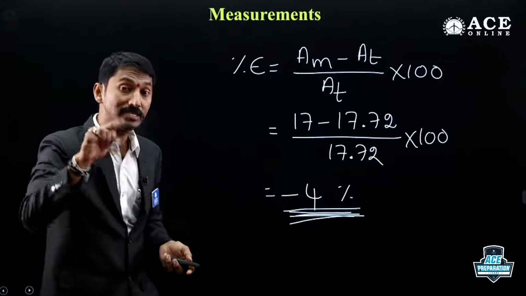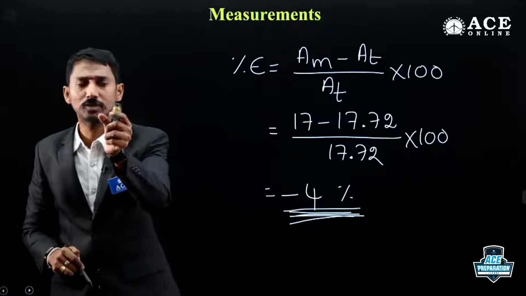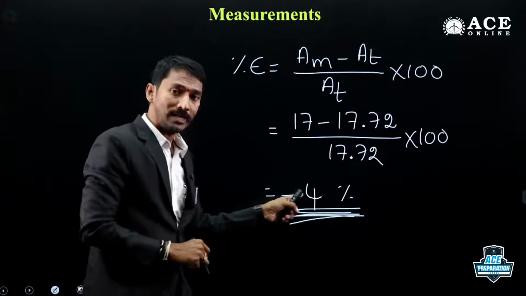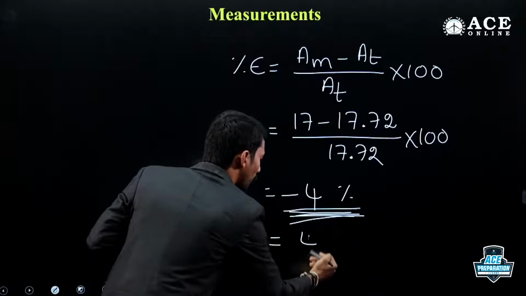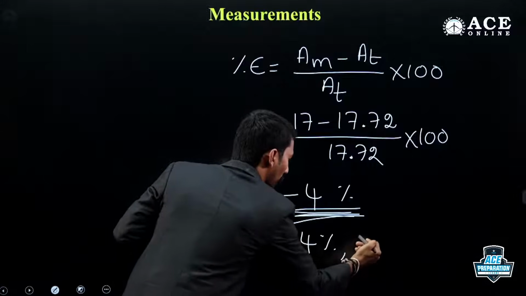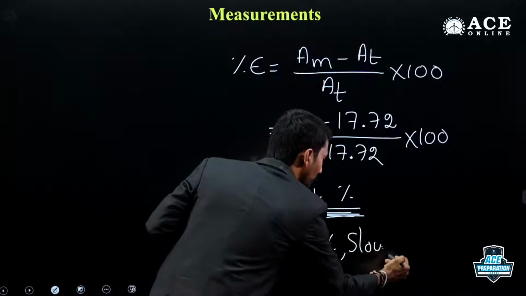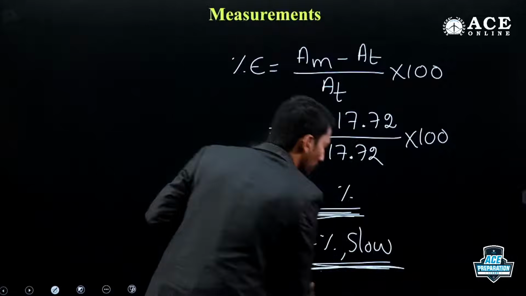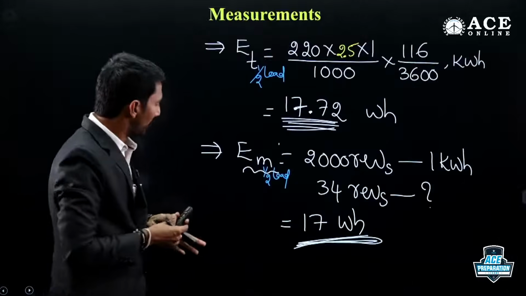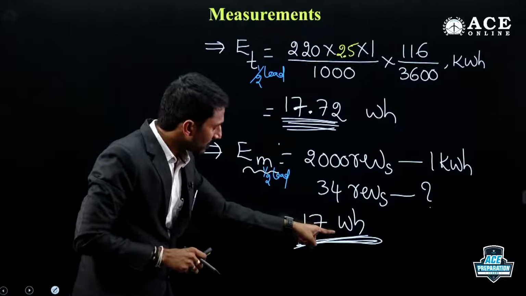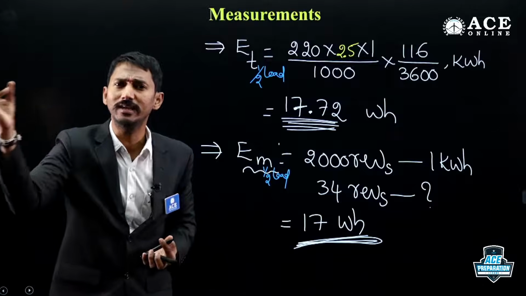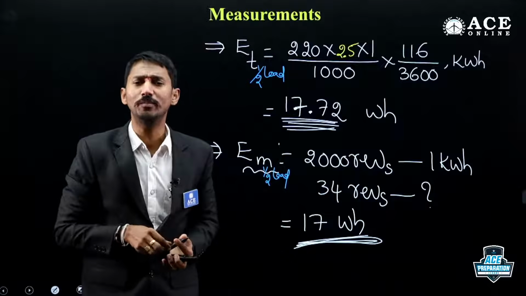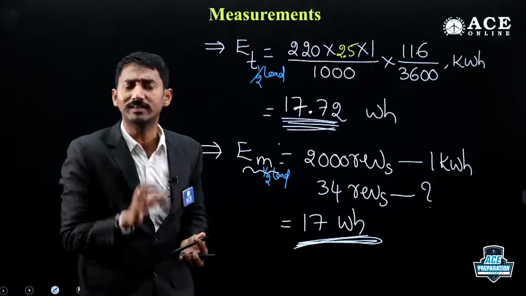But in the options, in the examination, if a multiple choice question is there, minus 4 will not be given. What they give is simply 4%, comma, slow. Sir, what does it mean? Very simple. Measured value is less than the true value. Shown value is less than the true value means the disk is rotating with less speed.